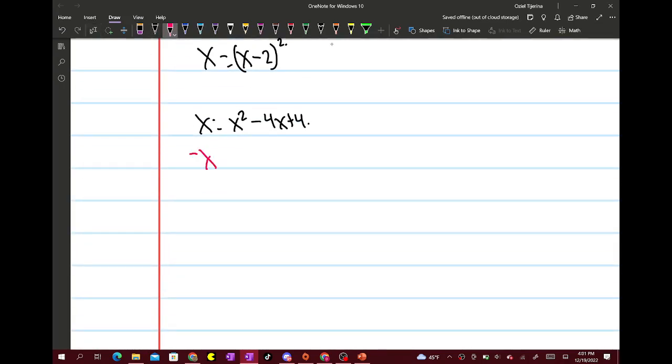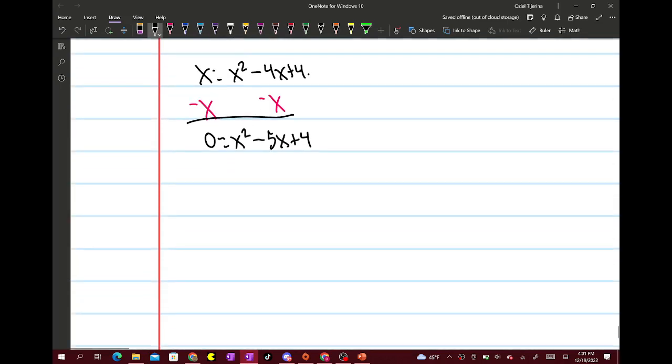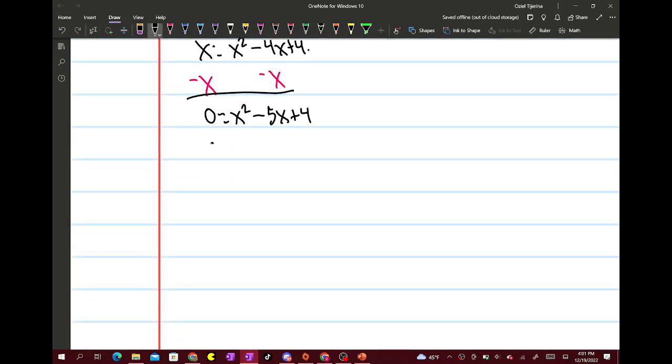So then you set this equal to 0, and you would say 0 equals x squared minus 5x plus 4. And then from there, this would be 0 equals the quantity x minus 4 times x minus 1, right? So then you would have x minus 4 equals 0, or x minus 1 equals 0.